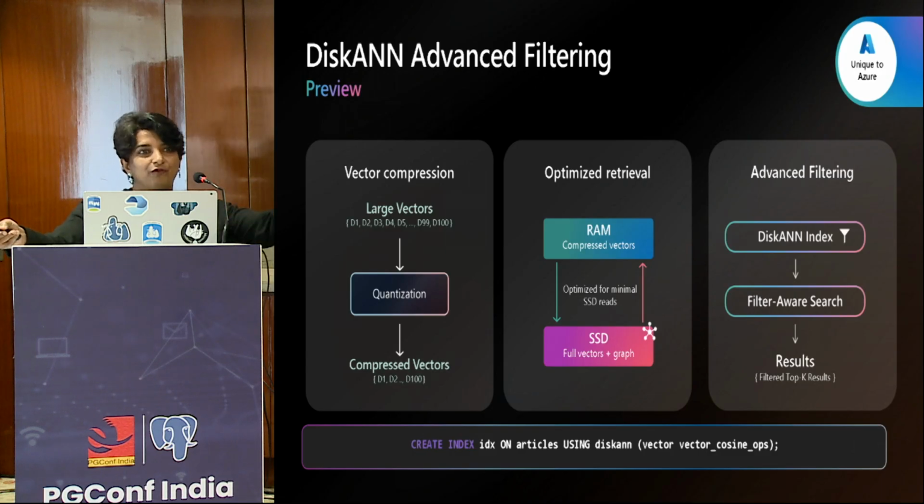So we have built in filters now, and we've made it a more advanced way of searching, so that rather than bringing in everything and then applying filters, we filter intelligently while searching, and that has brought a lot more improvements in our performance. I can show you a demo soon.